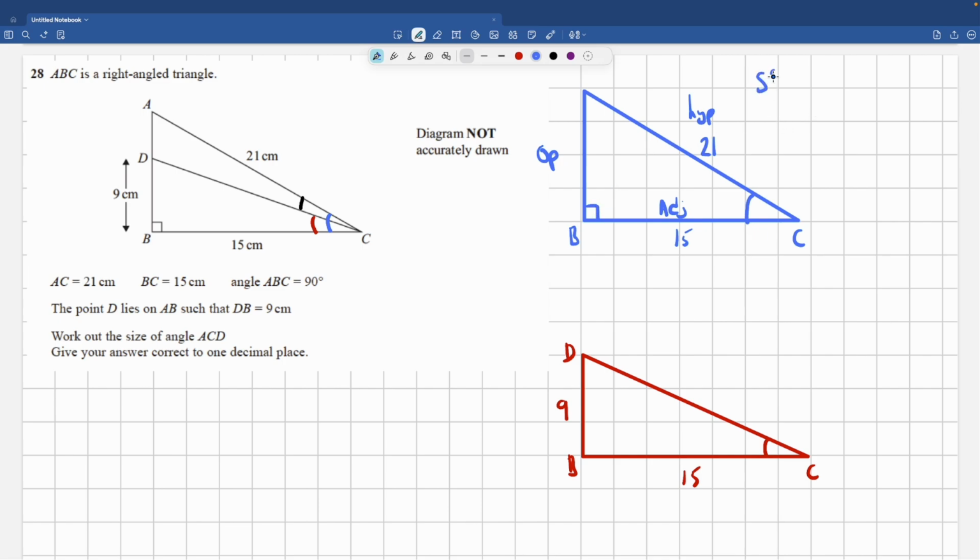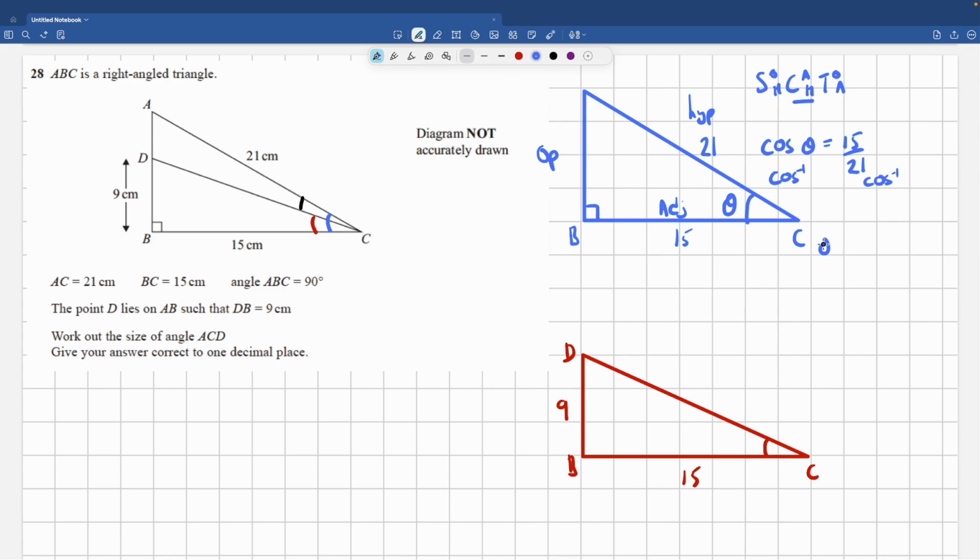And if we write down SOH CAH TOA, we've got the adjacent and we've got the hypotenuse, so we're going to use cos. We'll call this angle here theta. So the cos of angle theta will be the adjacent over the hypotenuse. And then we can work out theta by taking the arc cos of both sides.